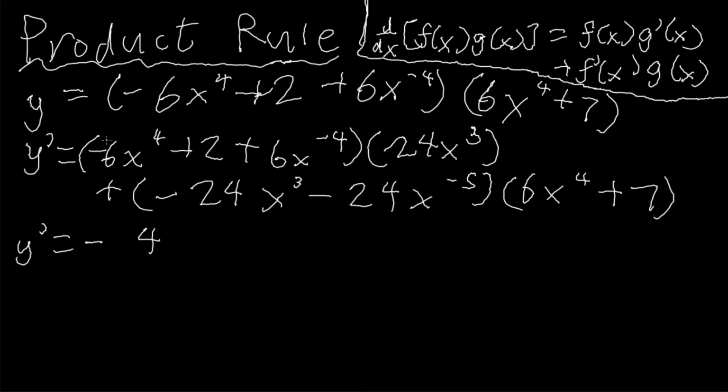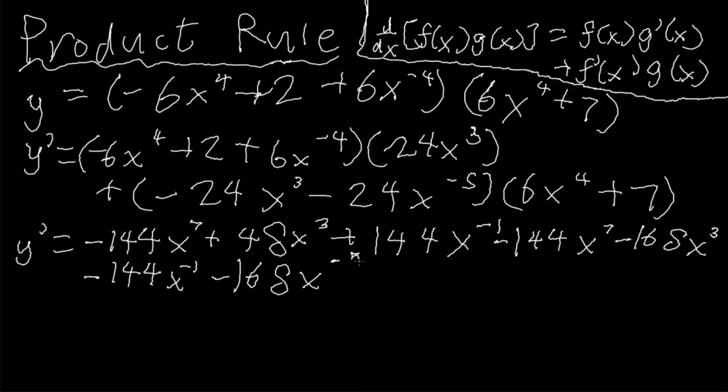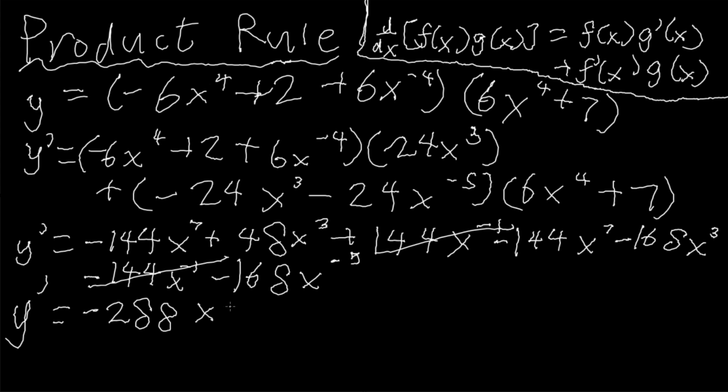After expanding, for the x to the power of 7 terms, and then for the x to the power of 3 terms, negative 168 plus 48, that is negative 120 x cubed, and then it's just this after. So this should be the final answer to this function right here.